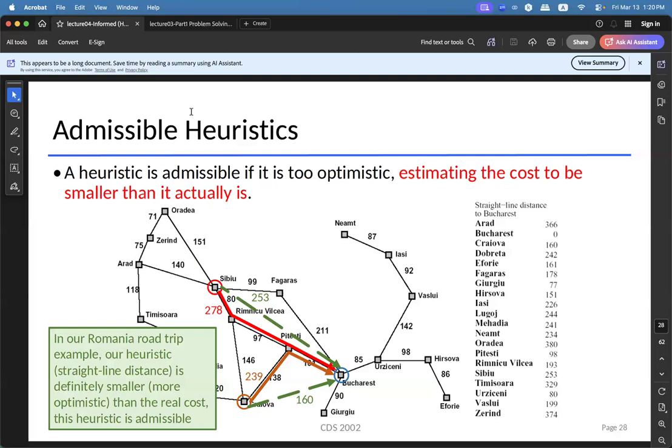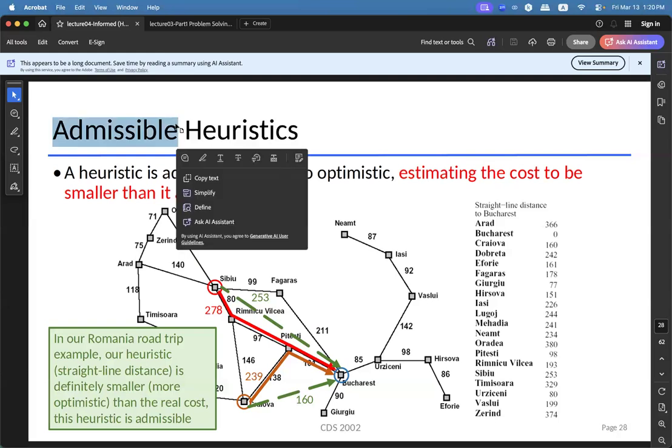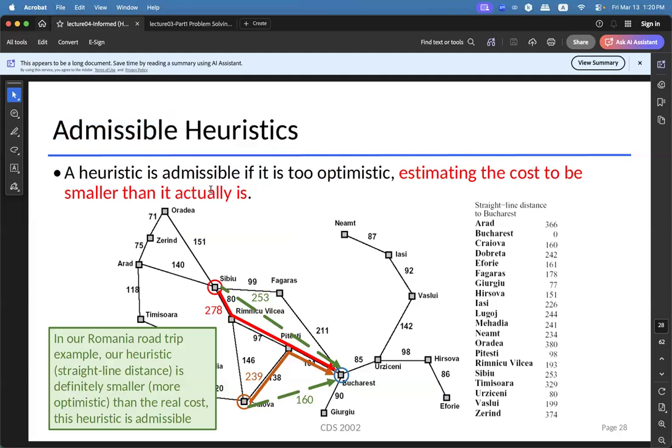So we can be sure that the moment we use the straight line distance to solve our problem, it is an admissible heuristic. You need to remember the word admissible. Admissible always means estimating the cost to be smaller than it actually is. You need to remember this.